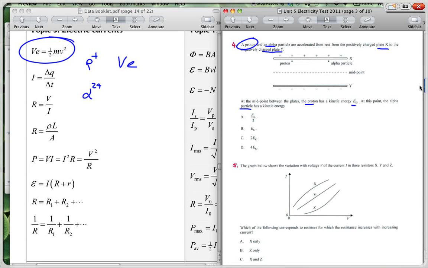And here, because the alpha particle has a 2 positive charge, this is going to be 2VE. So at the midpoint, the proton has a kinetic energy of Ek. At this point, the alpha particle is going to have double that. So your answer there for question 4 would be C.